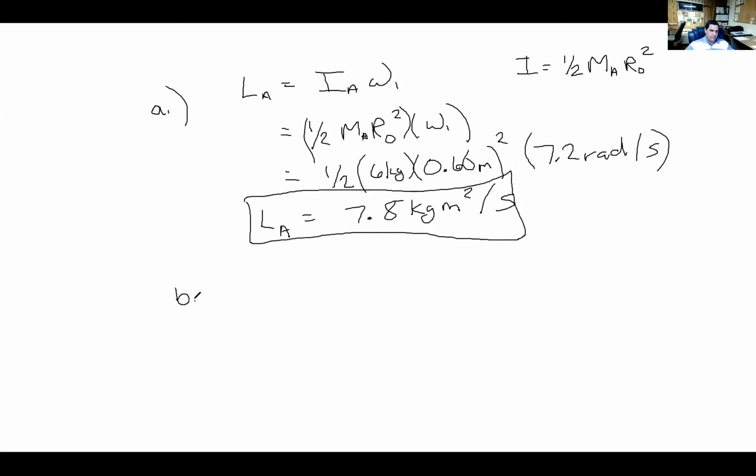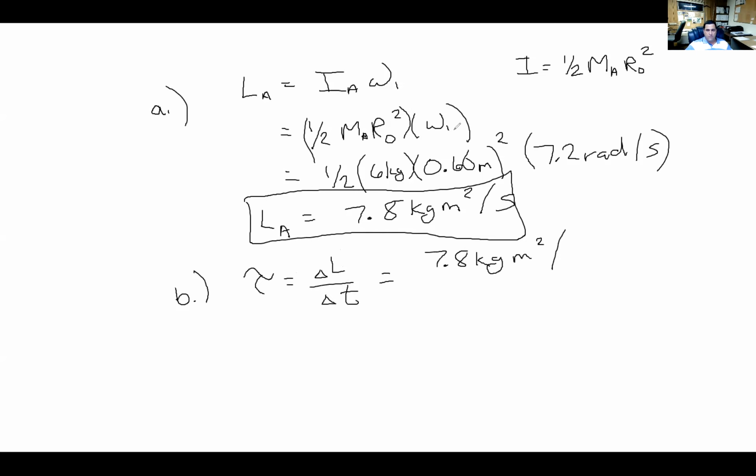Part B, they want us to determine the torque required to have accelerated that plate from rest to the 7.2 radians per second. So torque can be given as change in angular momentum with respect to time. The angular momentum initially is going to be 0 because it started from rest, right?